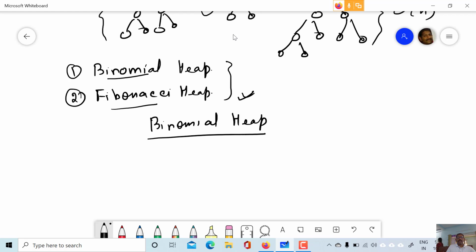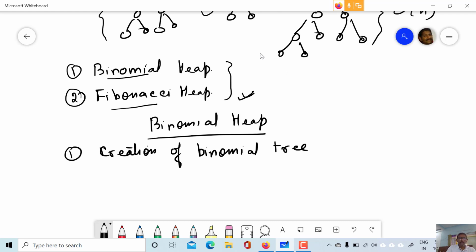So before starting binomial heap, just like in the case of heap, first of all we created the tree. In this case we are also going to create a binomial tree. So the first procedure, just like in the case of the heap sort algorithm, is the creation of the binomial tree.